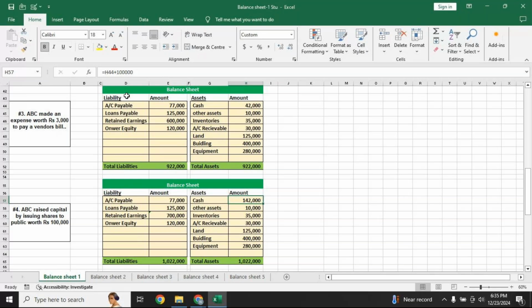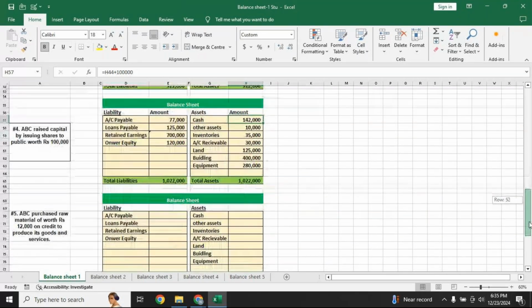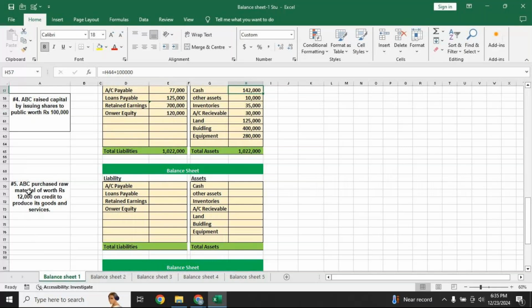Done, guys? Let me show the next one. ABC purchased raw material worth rupees 12,000 on credit and produces its goods and services. First I am going to take the values.